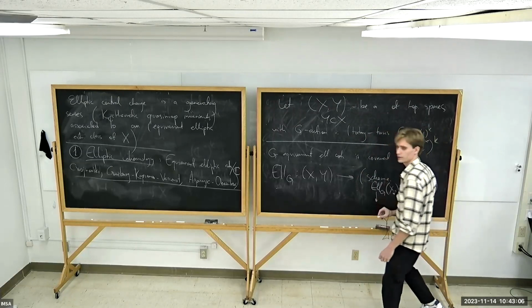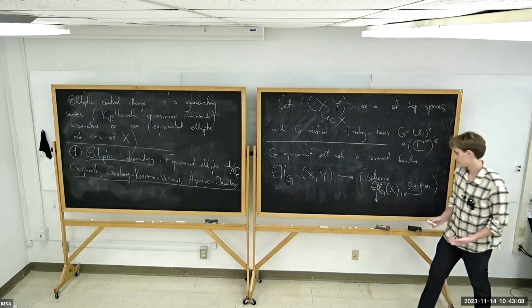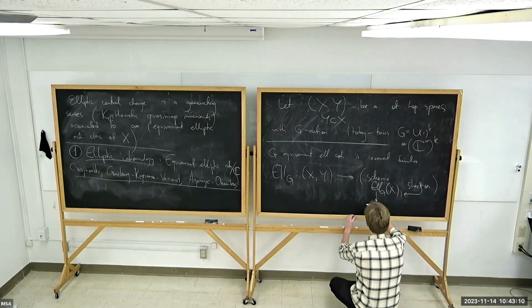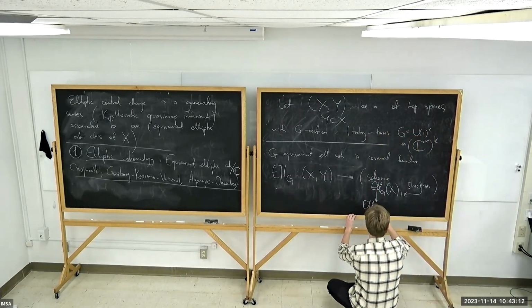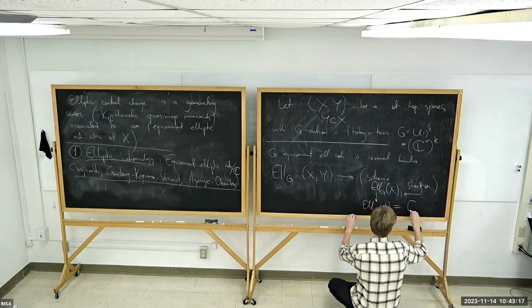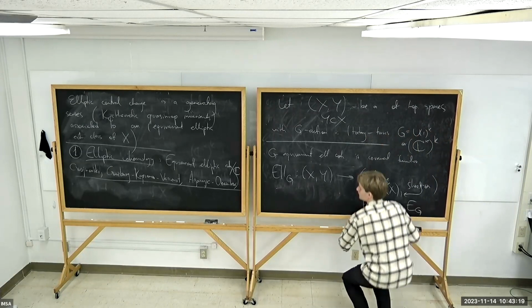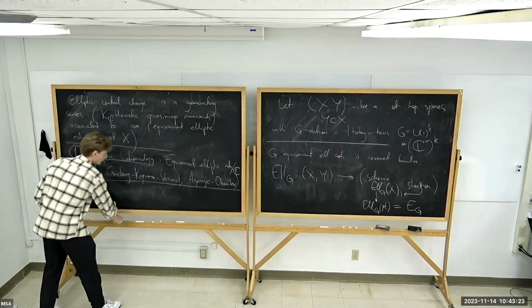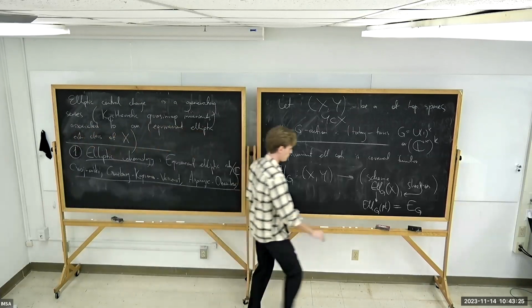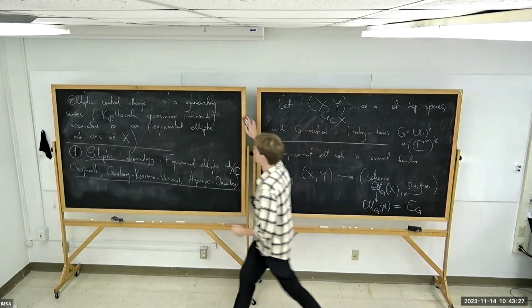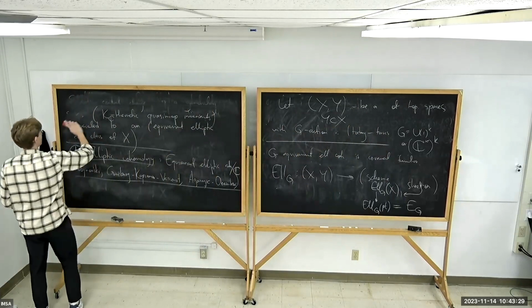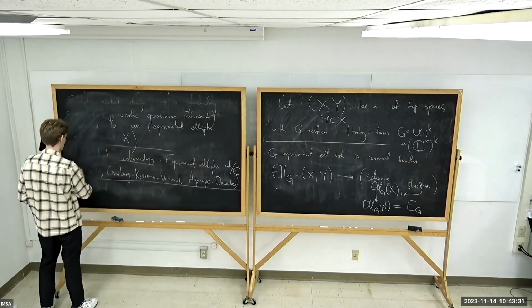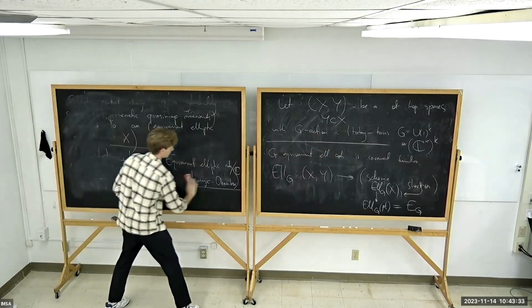And this is going to be a scheme over a scheme that is identified with elliptic cohomology of a point, which I'll also denote as E sub G, satisfying some axioms. So let me discuss this construction a little bit.